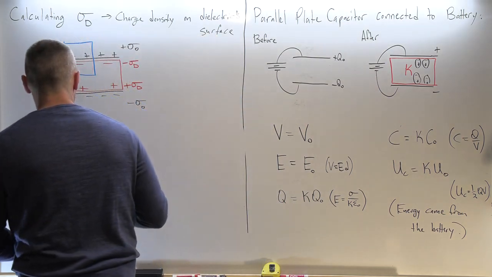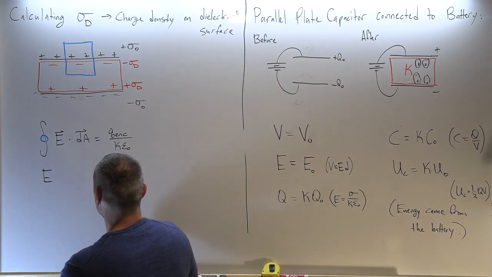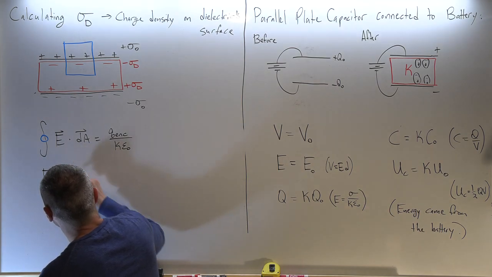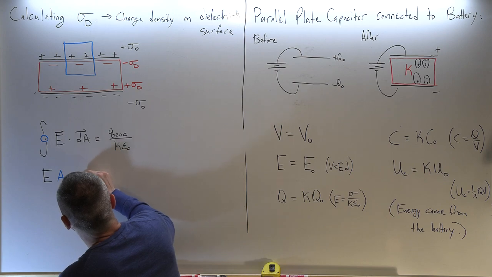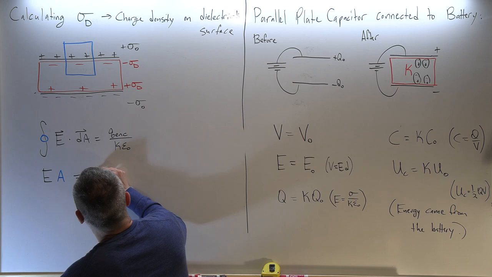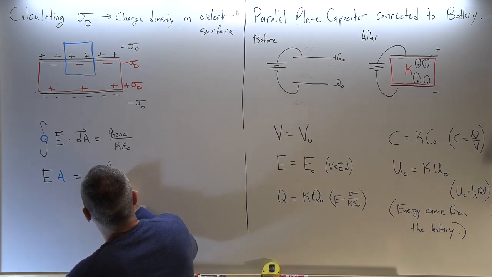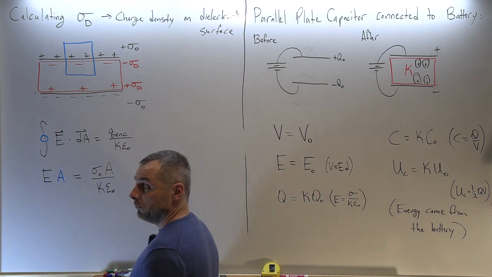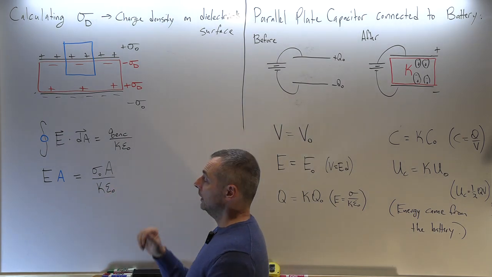So I can write that as E times area equals the Q enclosed, which is sigma 0 area over kappa epsilon 0. That's the way I can find the electric field using the method I talked about by inserting a kappa.